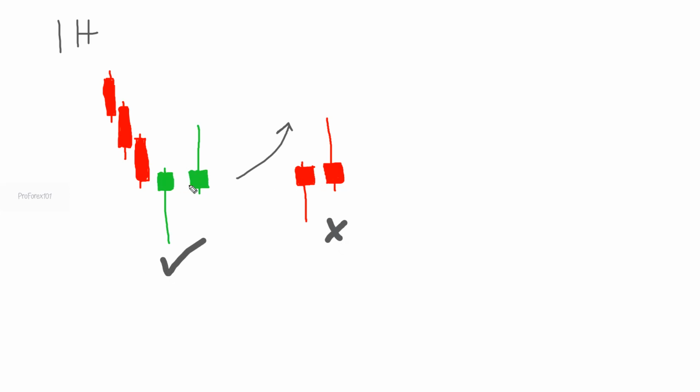Why? Because now look at the price action. The market opened here, closed all the way down here. The next candle opened here, we tried to go down, we got rejected all the way back up here, but we never went above the open, which means there is pressure to go down, and also pressure going up.